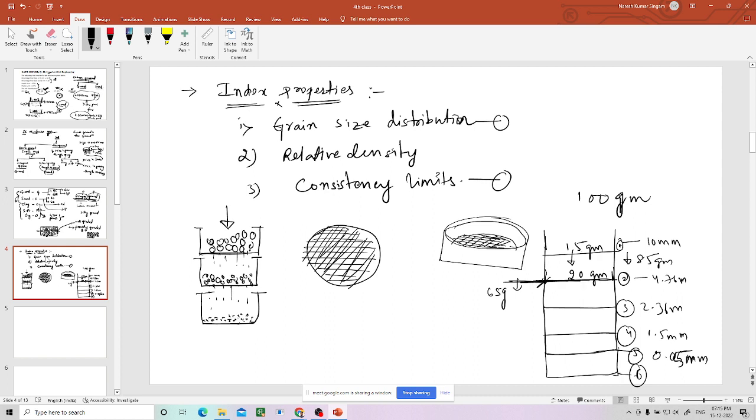Out of 65 grams, let us say again 16 grams is retained. If you remove 16, 49 grams will go down from here. Out of 49, again say 19 grams is retained here, then 30 grams will go down.